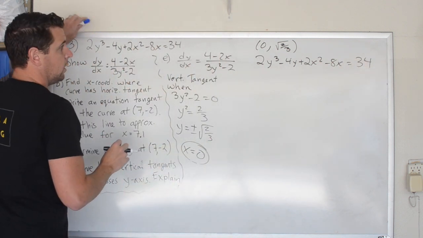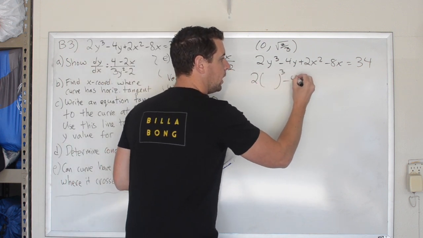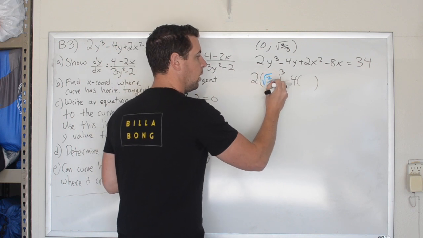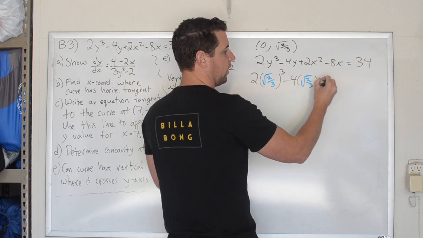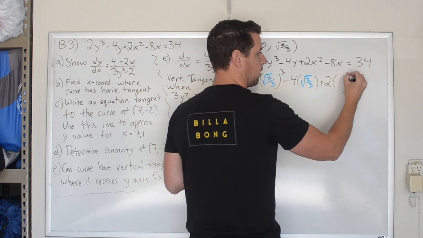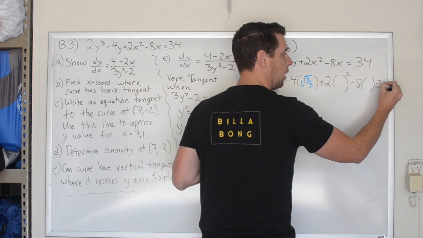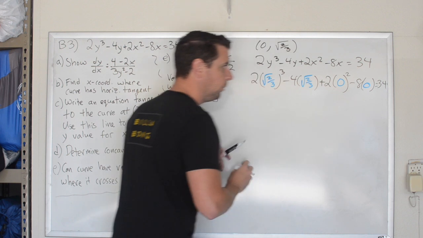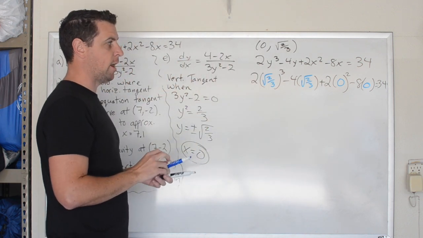For the y value, I'm putting in radical 2/3, and for the x value, I'm putting in 0, because that's when my graph crosses the y-axis. We're just seeing whether this point satisfies the equation.